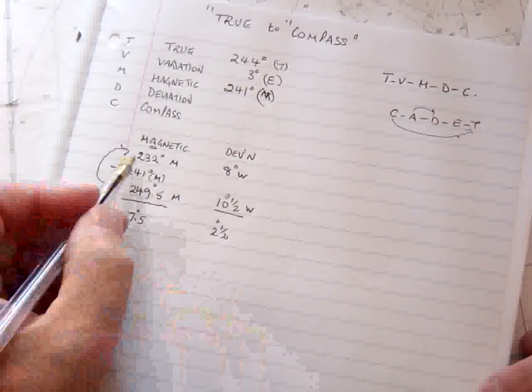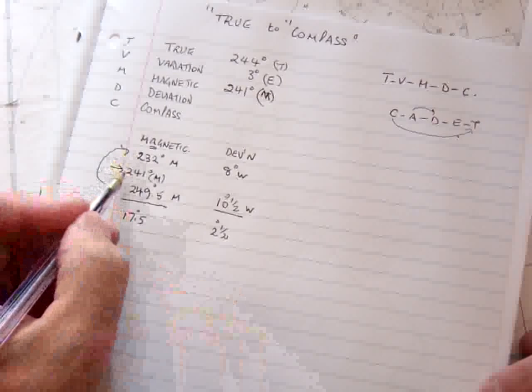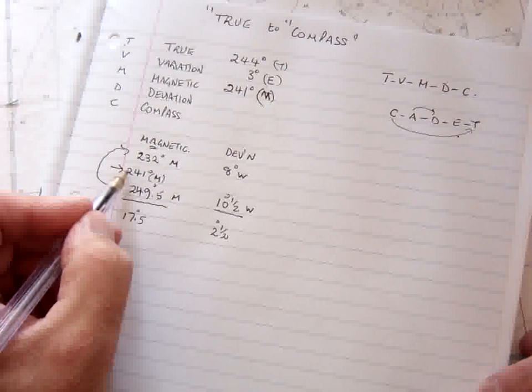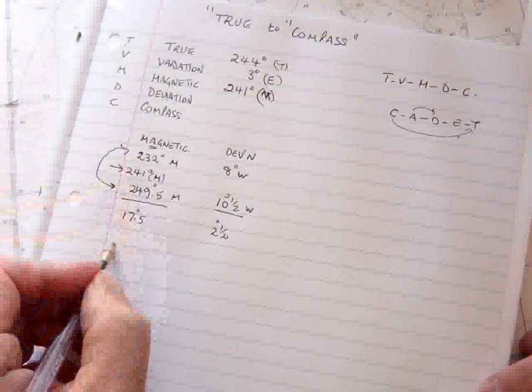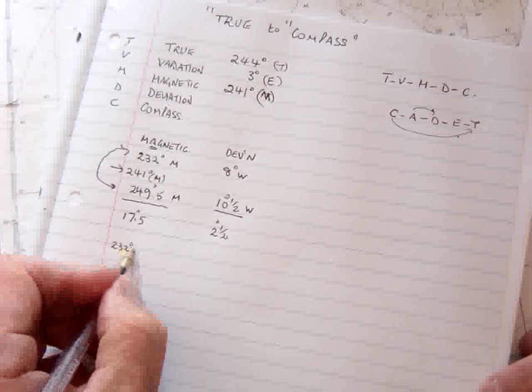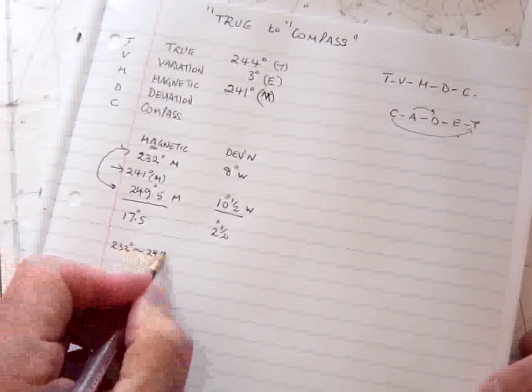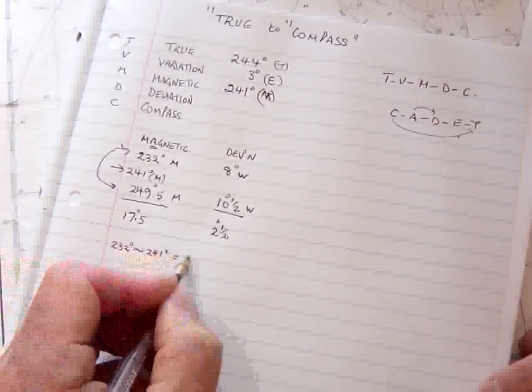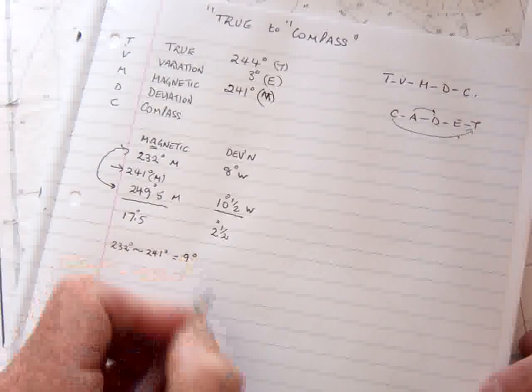We need to go from 232 degrees to 241. So 232 degrees to 241 degrees is a difference of 9 degrees.